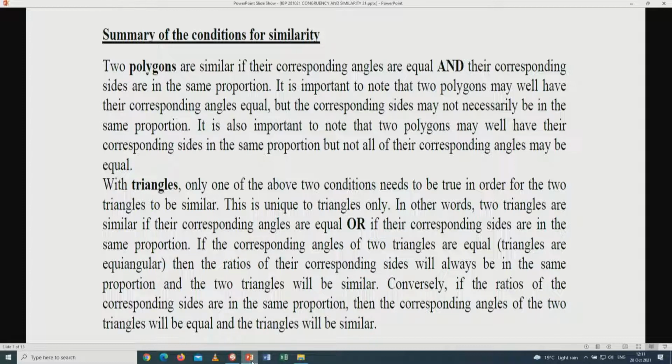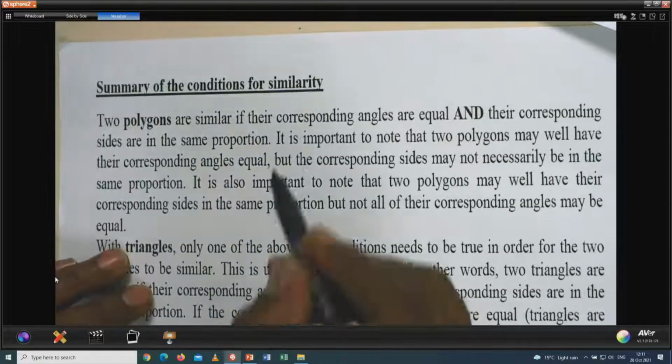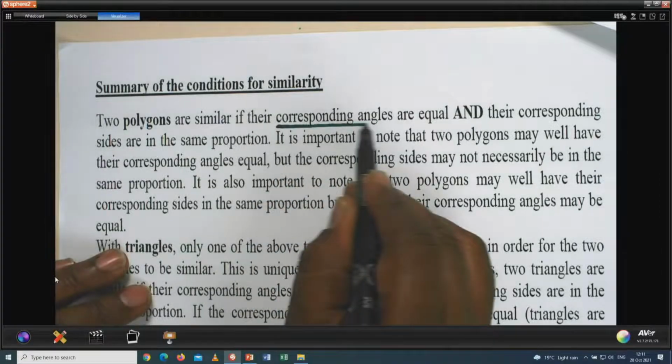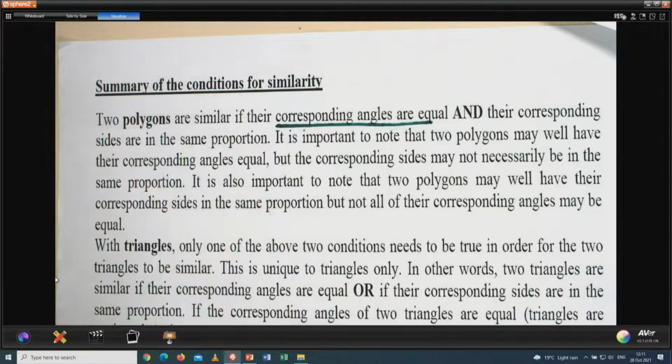So for us to prove that the polygons are similar, we need to prove that corresponding angles are equal. Corresponding angles are based on the same position, more or less.